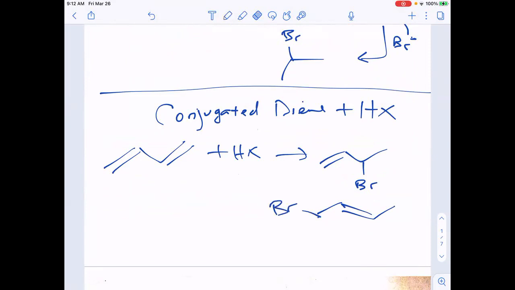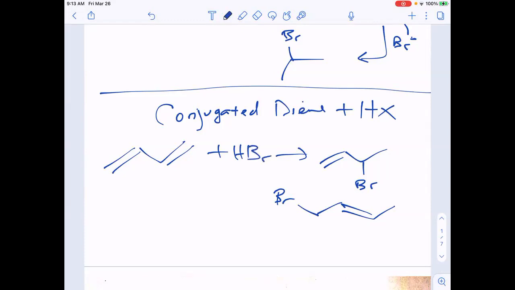Right, where bromine adds. Sorry about that. Bromine adds here. All right. So we're going to talk about how that happens in a second. And let me turn this to make this HBr so it makes sense.